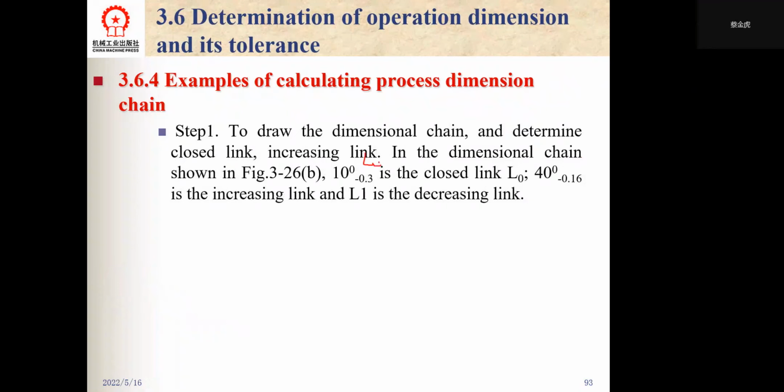This dimension L0 is the closed link, and L1 is the decreasing link. L2 is the increasing link.